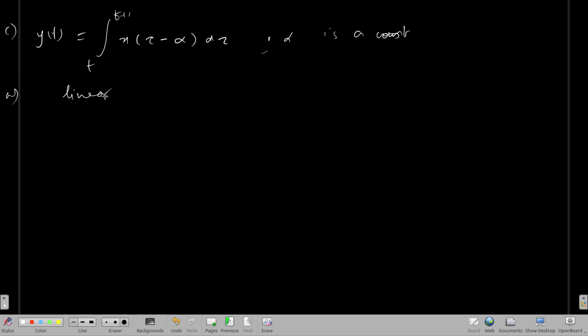You don't have to analyze the linearity of an integral, if it is just an integral. If there is some other term, for example, something multiplied with the integral, then you have to check for the linearity in the proper way. Otherwise, if it is just an integration, you don't have to check. You can right away write, okay, it is linear, because integration.